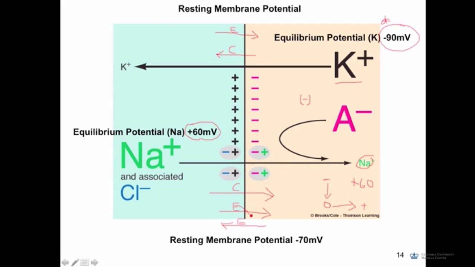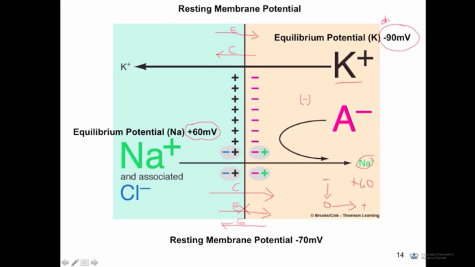So the equilibrium potential for sodium is positive 60. When the cell is at positive 60, that represents the point at which the electrical gradient for sodium is equal in size but opposite in direction to its concentration gradient.